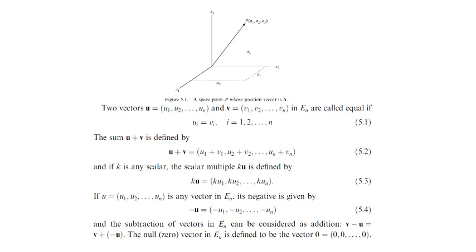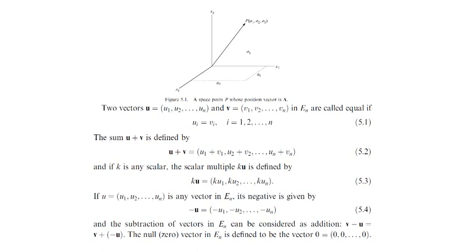Suppose you are multiplying a given vector a1, a2, a3 with some particular scalar k. What do we do? We just multiply the scalar with each of these components. The same is the case when you consider the n-dimensional Euclidean space.